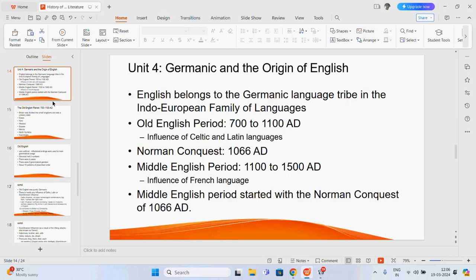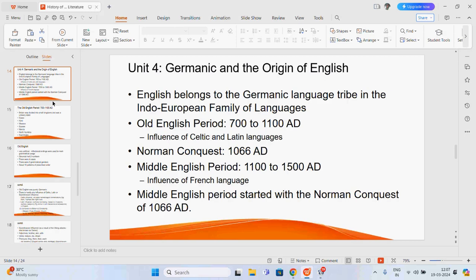Now from your SLM, take out relevant units, relevant passages that discuss the origin of the English language and that trace the development of the English language up to the modern period, and write different paragraphs on each one of the topics. This will give you a good 6 to 7 page answer, which you can use to write an excellent answer on either the origin of English, on the development of English, on a combined question on the origin and development of the English language, or on specific periods of English.